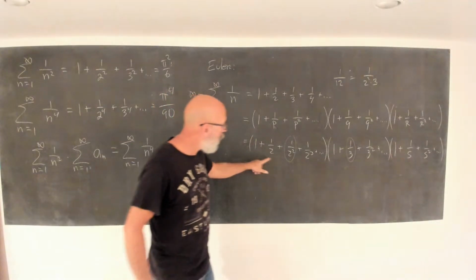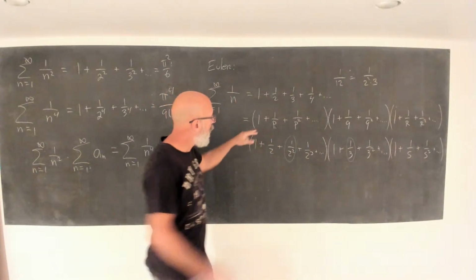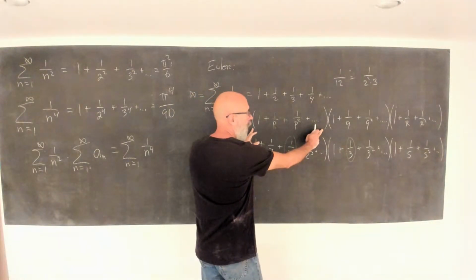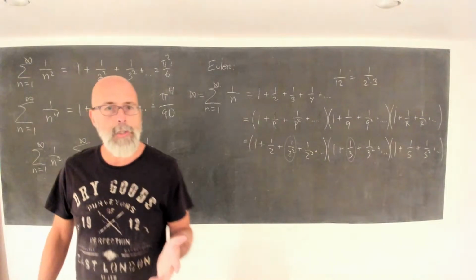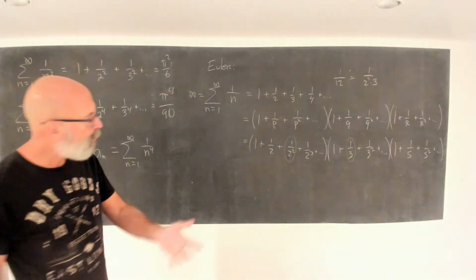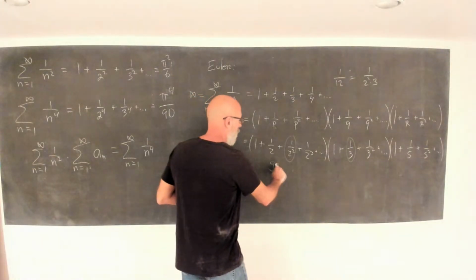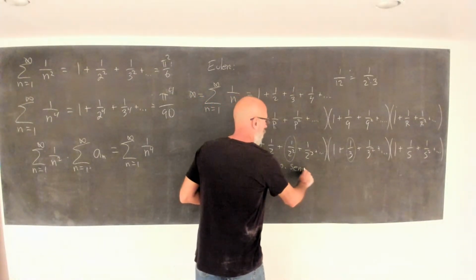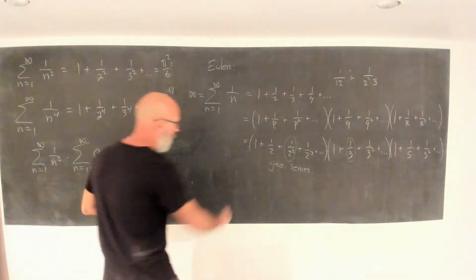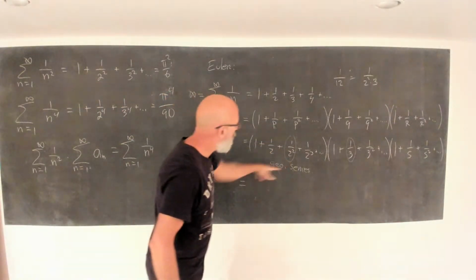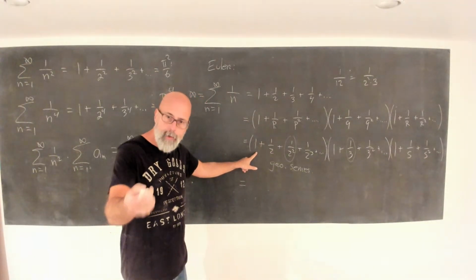But if you look closely, each infinite sum in the brackets is really a geometric series. So you can work out the sum of each of the things in the brackets. This is a convergent geometric series, and you know what it converges to. What does it converge to?